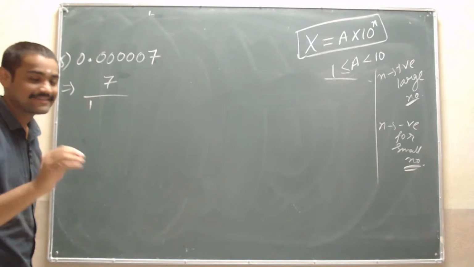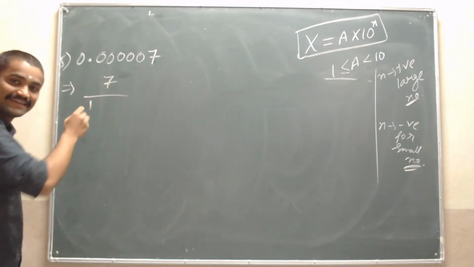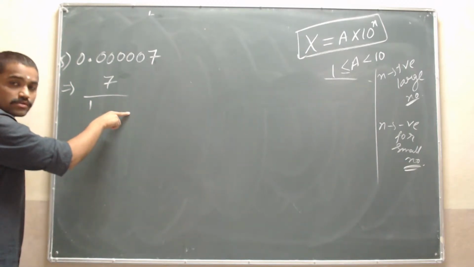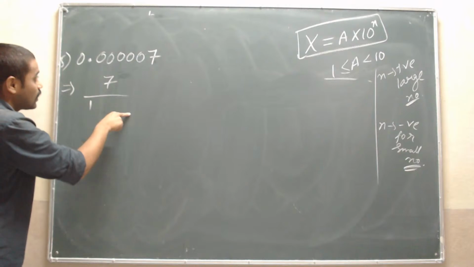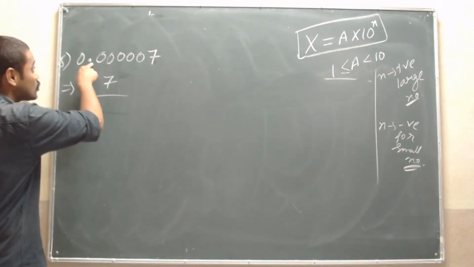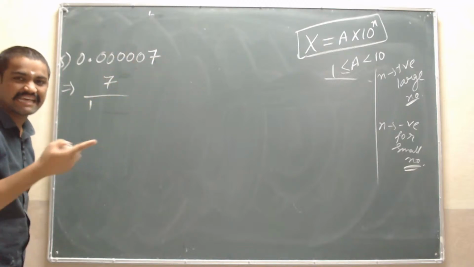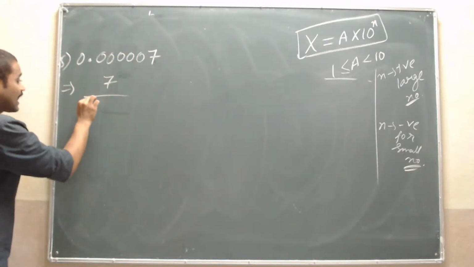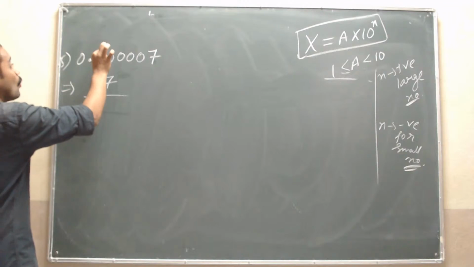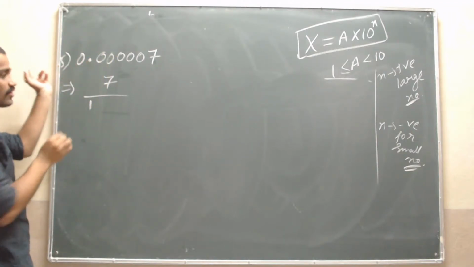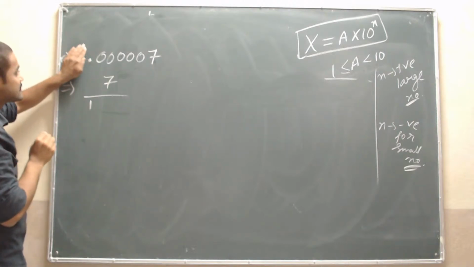Why, sir? Sir, 7 by 1 is nothing but 7 only. That's why. So we have to write the zeros corresponding to how many digits are there after the decimal. Sir, see here, I have written 1. 1 after decimal. We have to consider after decimal. Sir, before whatever it will be, we don't consider this one.